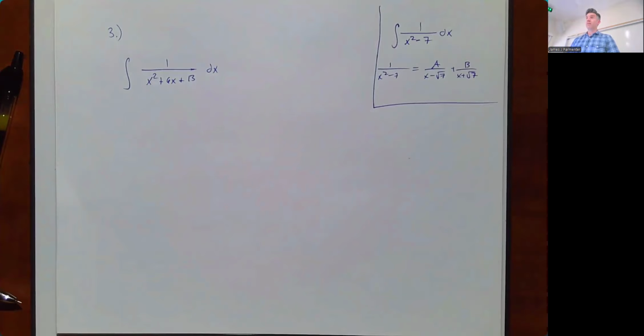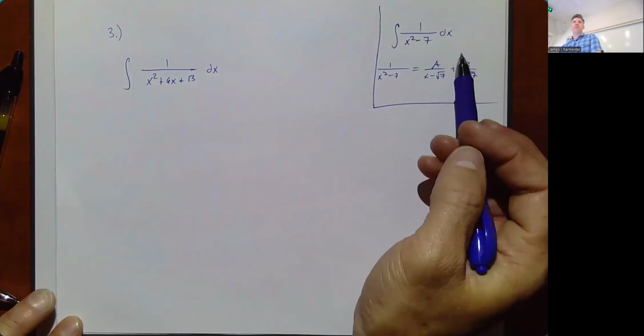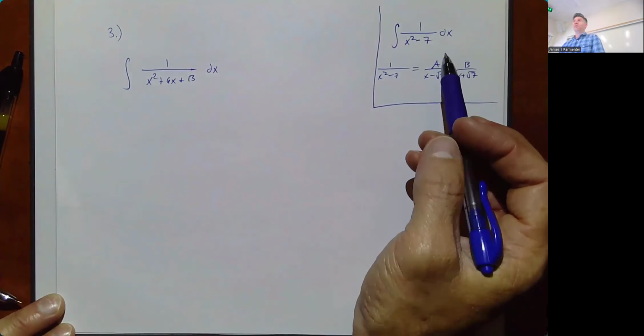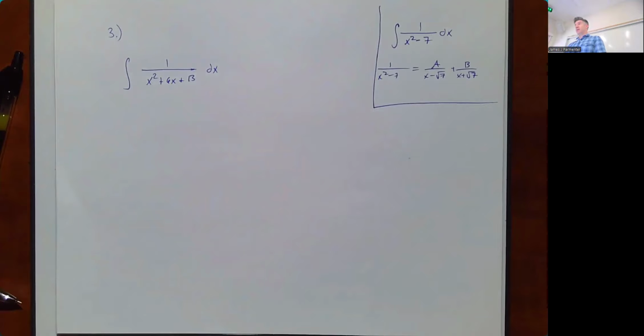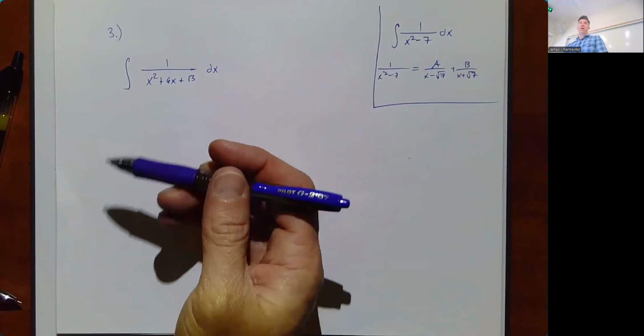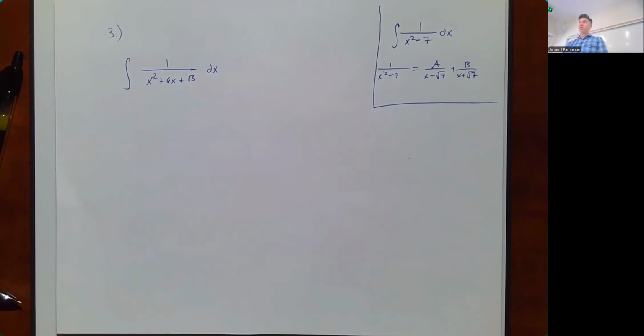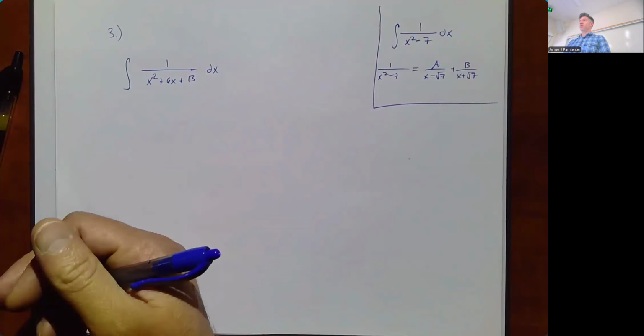Yeah, it's annoying, which is why hopefully no one asks it. But the point is that I'm not saying that technically this factors because it has real zeros. So when we say something doesn't factor, what we really mean is if you set that equal to 0 and try to find solutions, you won't have any real solutions. They will be imaginary. And when that's the case, completing the square is on the table.